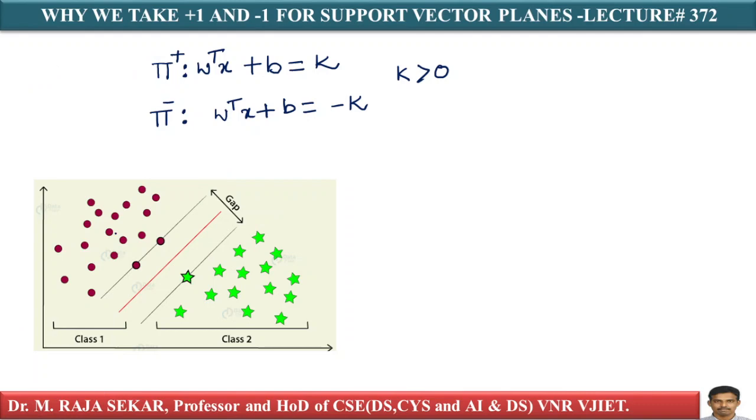We want the positive hyperplane and negative hyperplane to be equivalently far away from the plane pi, isn't it? Your positive hyperplane and negative hyperplane must be equivalently far away from your separating hyperplane.